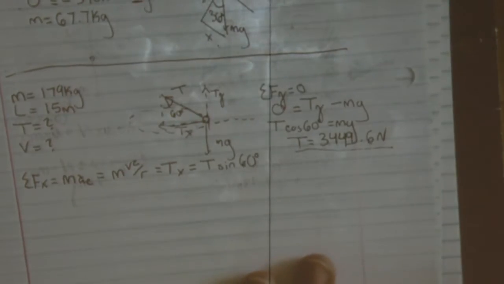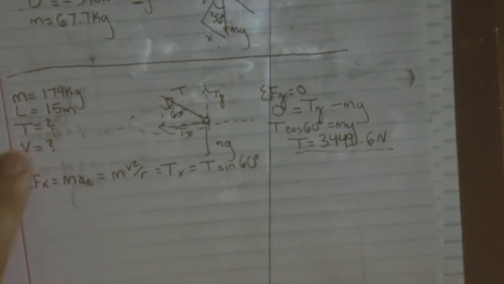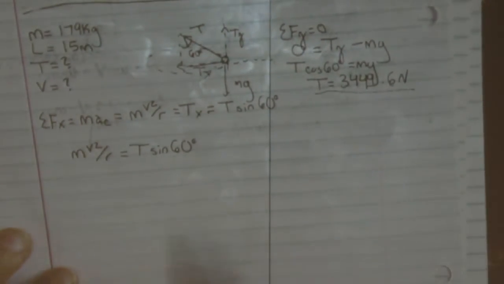Where's our tension? Now we want to find out what our velocity is. So now let's revisit this equation. So we know mv squared over r is equal to T sine of 60. Now r is not L. Does that make sense? So if you have, this is your L, right?